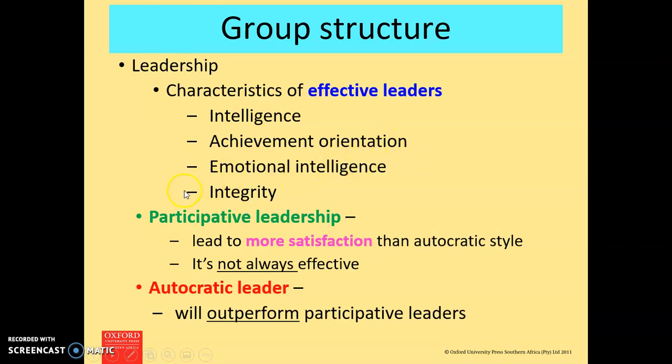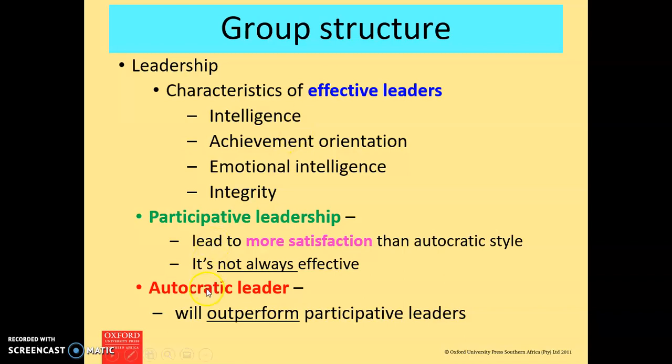And for leadership also, it is important to choose a leader that's considered participative, because participative style of leadership could lead to more satisfaction than autocratic, because the autocratic style is more dictatorship. They like to impose their power instead of asking opinions or giving empowerment to the members.